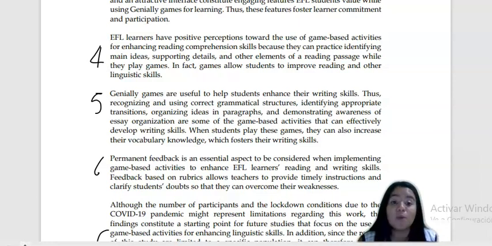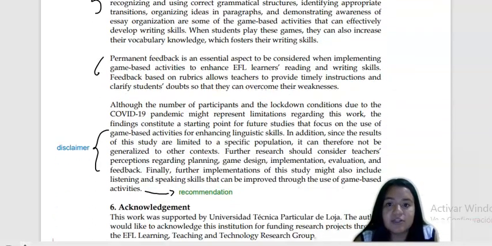They improve their reading comprehension skills after applying gamification in the first place. Number 5, games are helpful for students. I would now like to consider the recommendations. There are studies trying to replicate this, and others might occur in the same field or on the same topic.